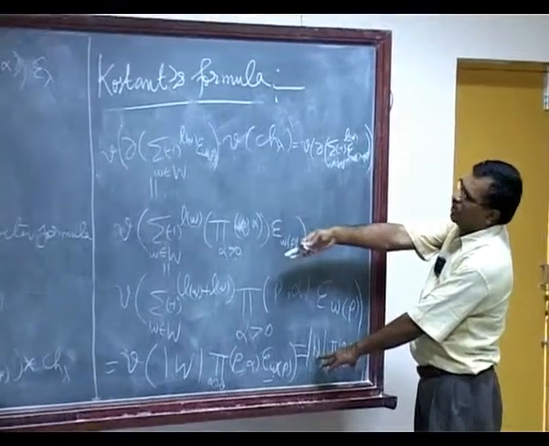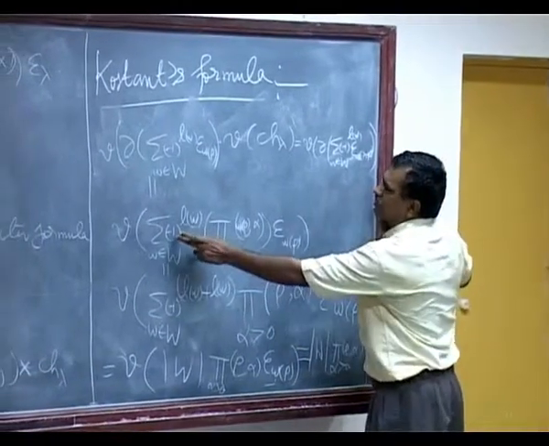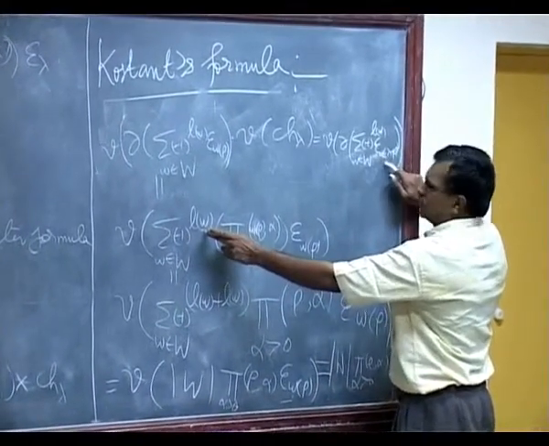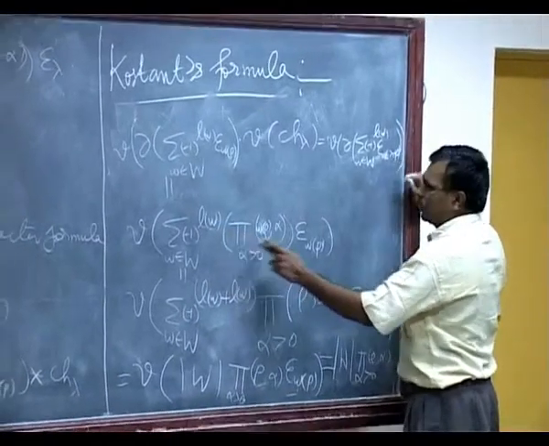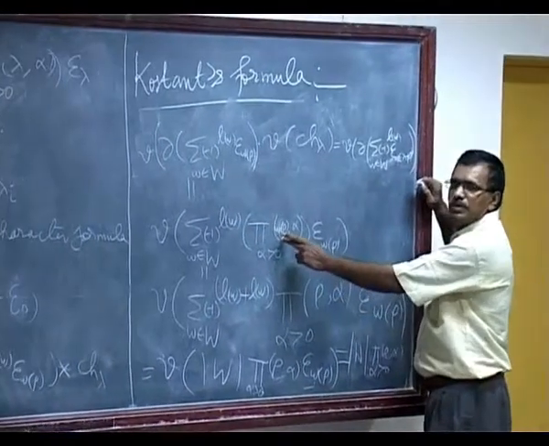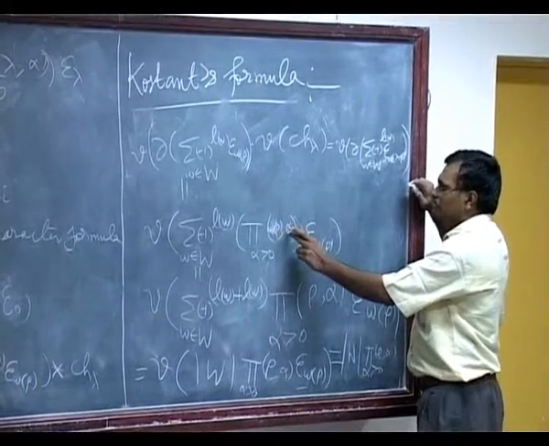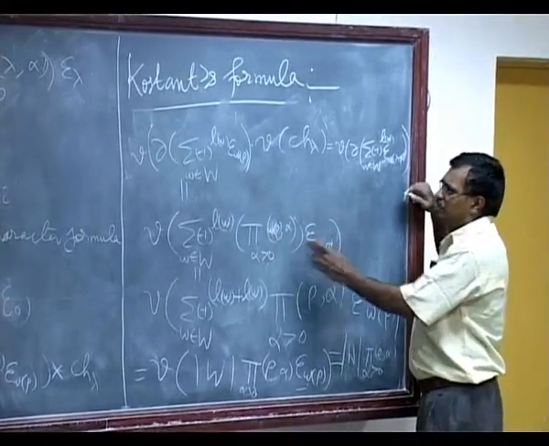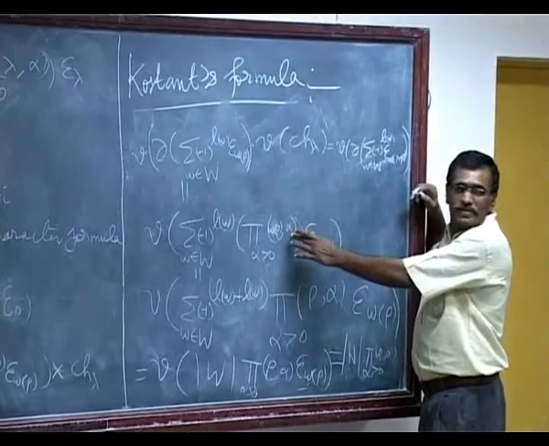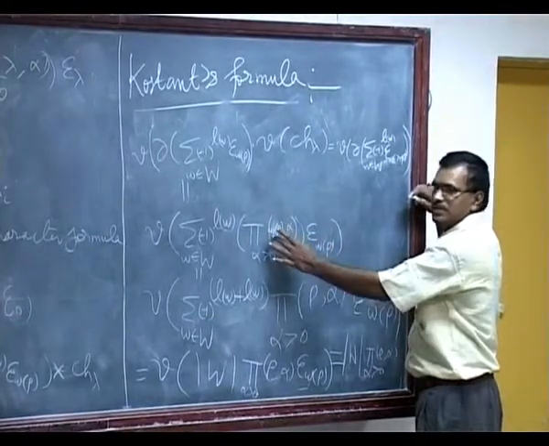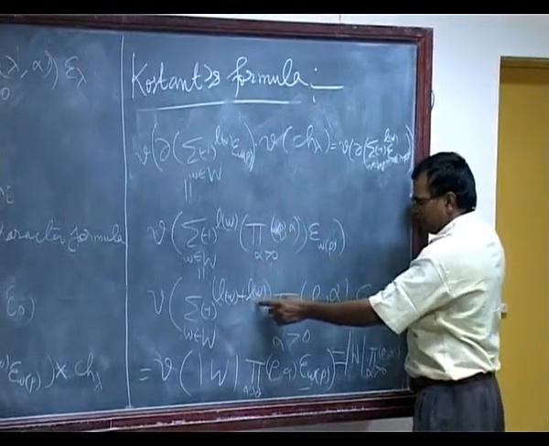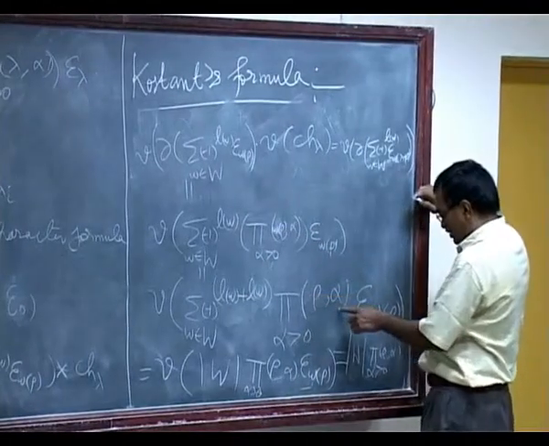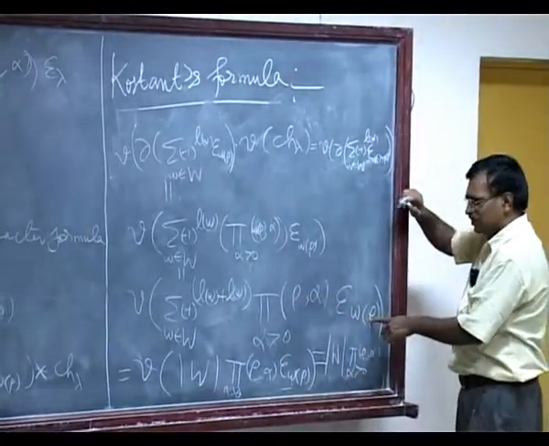What is the same argument? V of minus 1 to the power 2 length W, product W of lambda plus rho alpha, epsilon W of lambda plus rho. But then that W inverse is again, and the same number of negative roots, because W is not changed. So, it is 2 times, and lambda plus rho alpha, epsilon W, lambda plus rho.